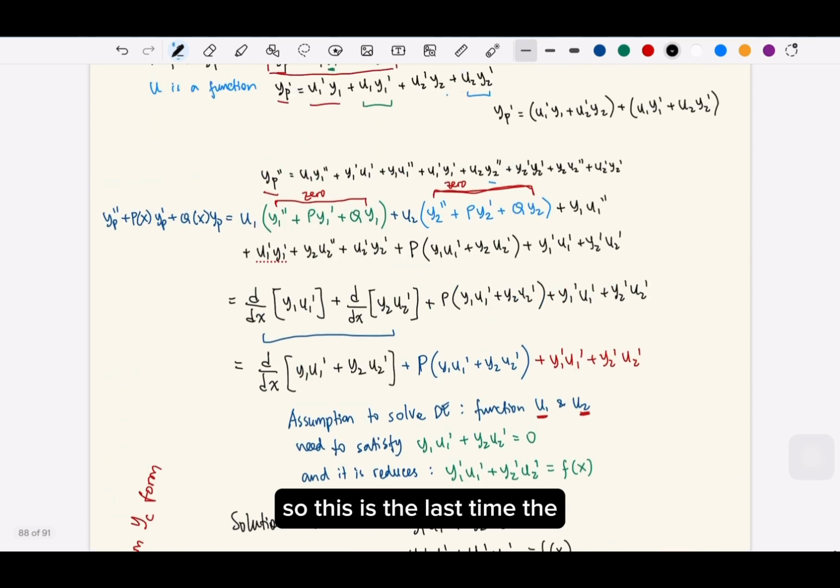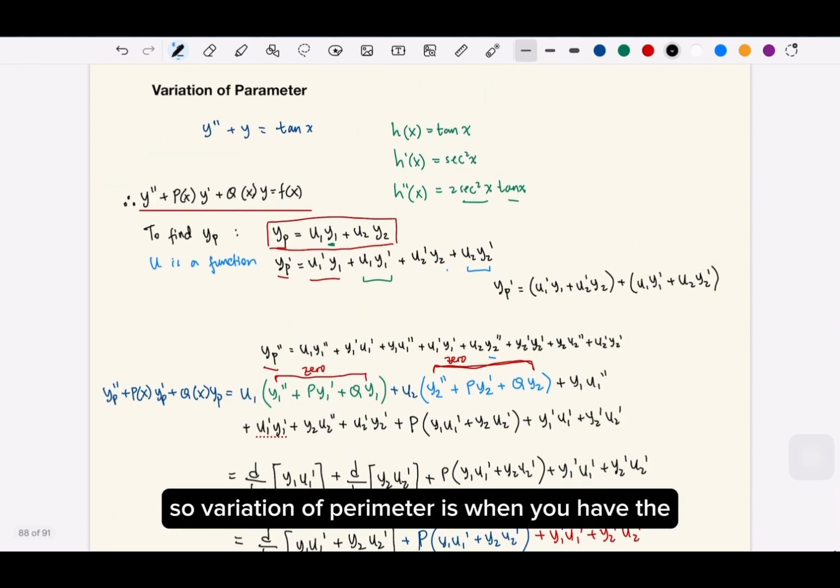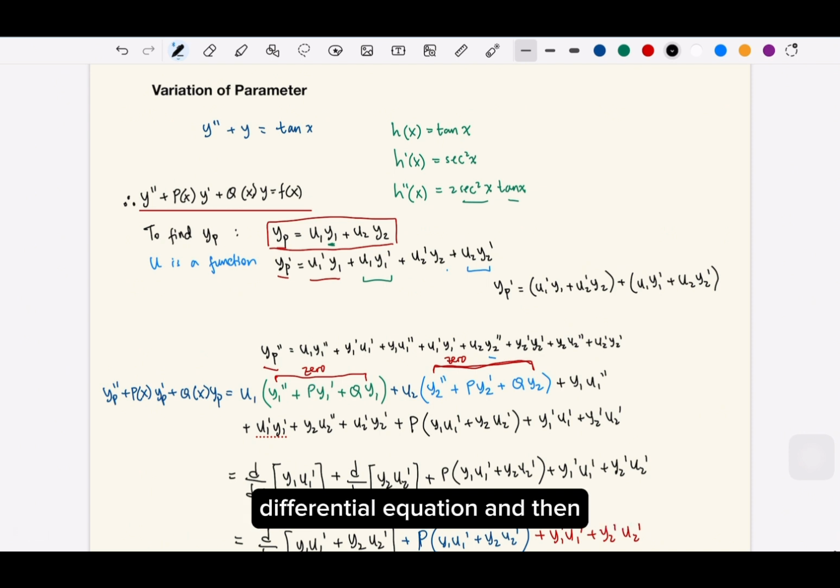So this is the last time, the variation of parameter. So variation of parameter is when you have the differential equation and then the right side is having some functions that is not going to be determined by the previous method, which is the undetermined coefficient.